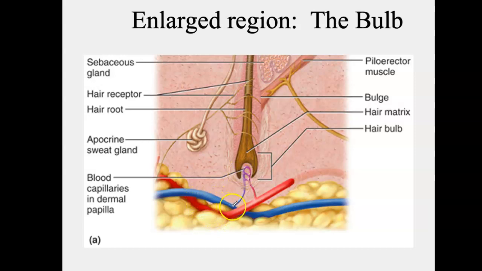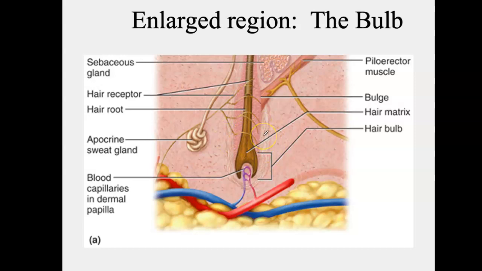The artery and the vein come up here and irrigate these cells, which are the ones responsible for growth. You need to bring blood to these developing cells that then grow, die, and push up, push up, push up. So the hair that you see and brush in the morning on your head is dead, but the base of it is not.